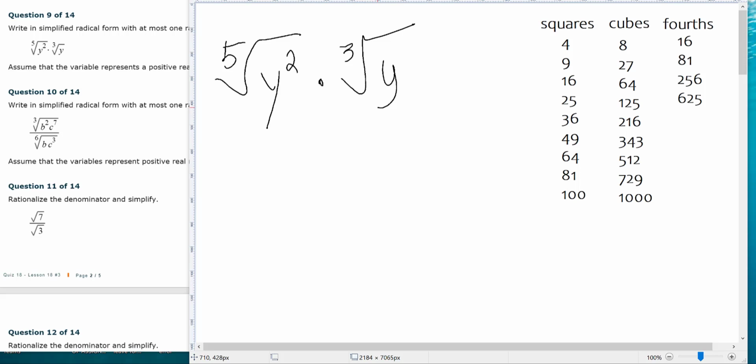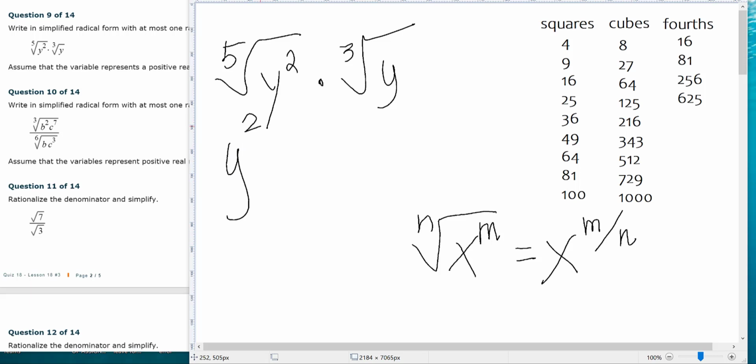So we have to use our property that says the nth root of x to the m can be rewritten x to the m divided by n. So y to the 2/5, the roots are always on the bottom, times y to the 1/3.